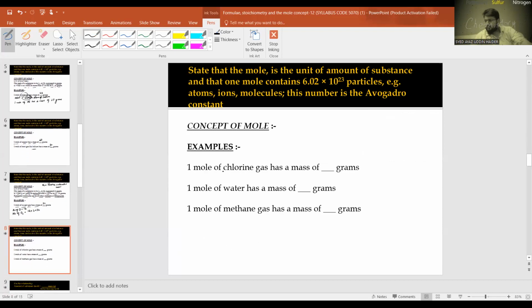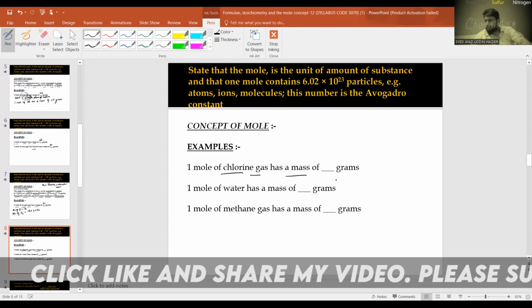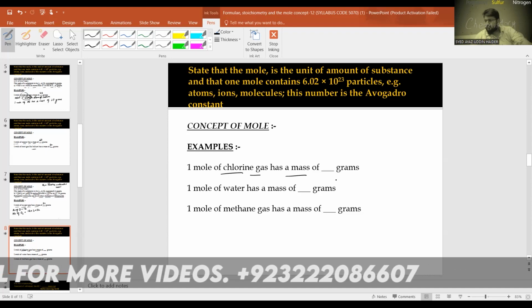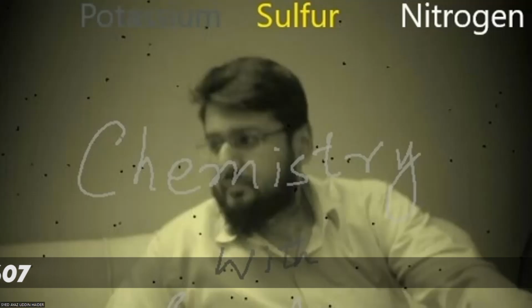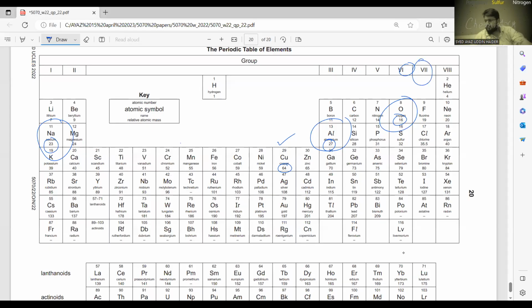Some examples. 1 mole of chlorine gas has a mass of dash grams. You should know the formula of chlorine gas. Chlorine is in group 7. This is group 7. We have fluorine, chlorine, bromine, iodine, and astatine. They all exist in the diatomic state. Diatomic state means F2, Cl2, Br2, I2, At2.